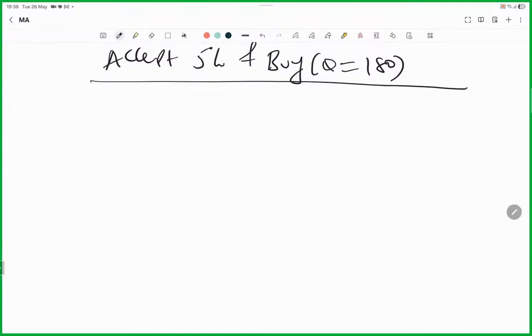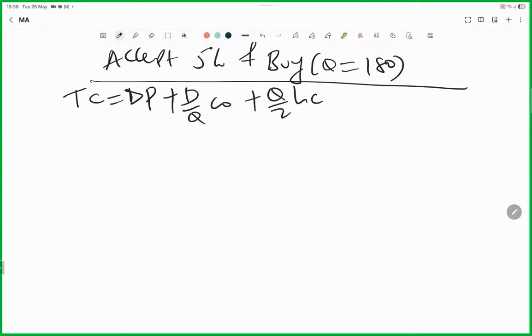So of course you must keep on writing the formula severally for it to be assimilated very well into your mind. DP, D over Q, CO, plus Q over 2, HC. So now you must give me the new price. Do you have the new price for me?